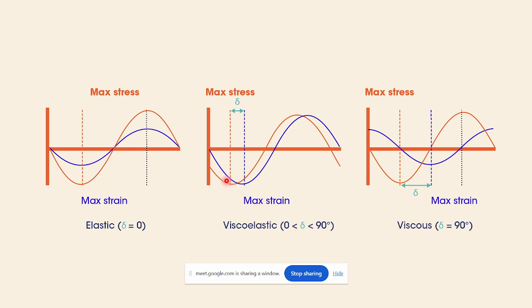But in the case of viscoelastic, you see there is an angle between 0 to 90. So if the lag or delay is between 0 to 90, we say the material is viscoelastic type. If there is no lagging, the material is elastic. If there is a phase lag of 90 degrees, that material is purely viscous.